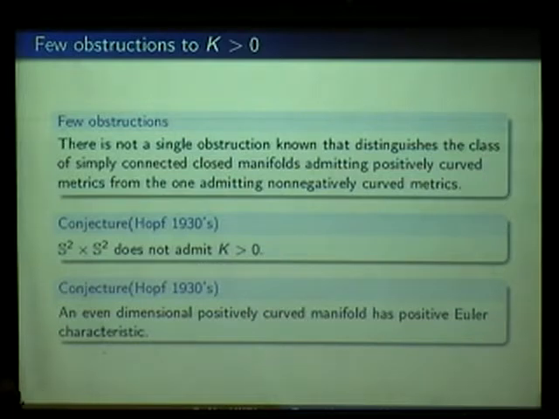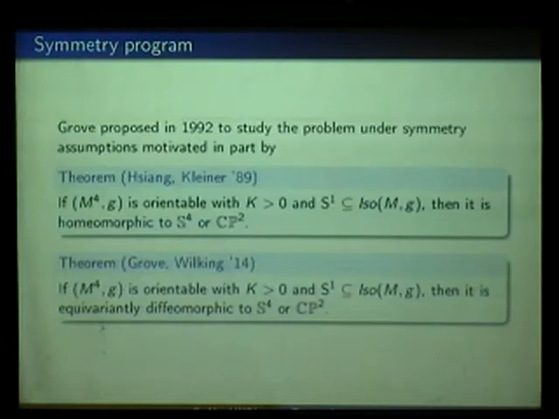So the first Hopf conjecture says S^2 cross S^2 shouldn't admit a metric of positive sectional curvature. And then there's a second Hopf conjecture which says that positively curved manifolds should have positive Euler characteristic in even dimensions. Right? So these are two of the oldest conjectures, and we will address them under some additional assumption later on.